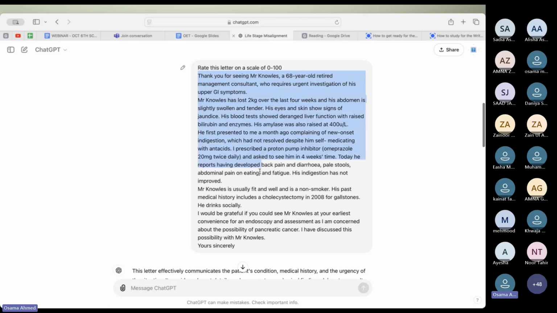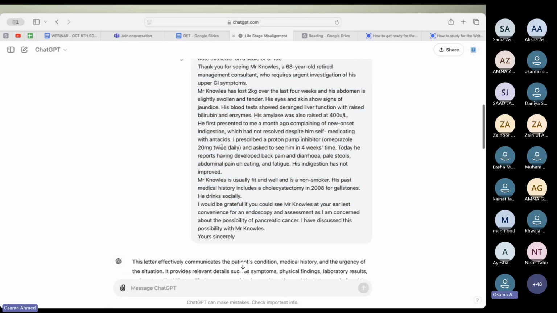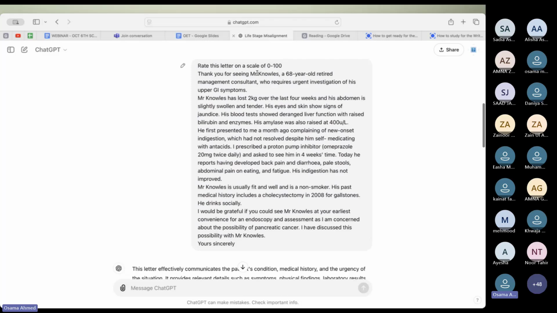Right? This is a referral letter. I think this is the first one I wrote. So the first one I wrote is simply: thank you for seeing this guy who requires an urgent investigation. This is the format. Basically, you need to tell them in the first line who the patient is and why you're sending them. I've done that fairly well.